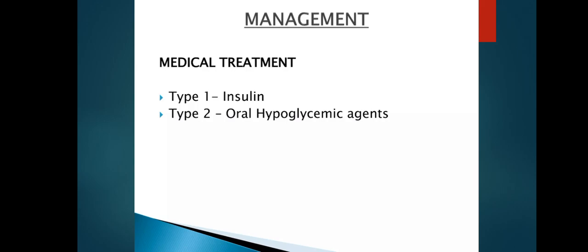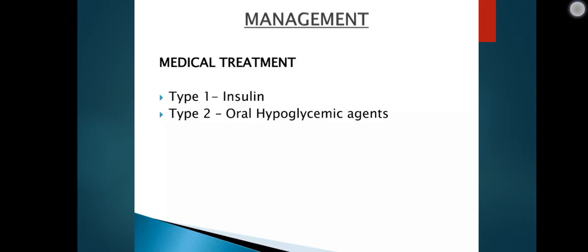Management. What will be the possible management or treatment for diabetes mellitus? For type 1, we should administer insulin. And how do we administer insulin? By subcutaneous route. Why do we not give insulin orally to patients?